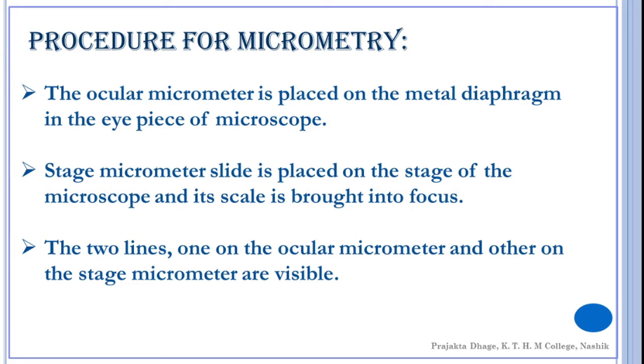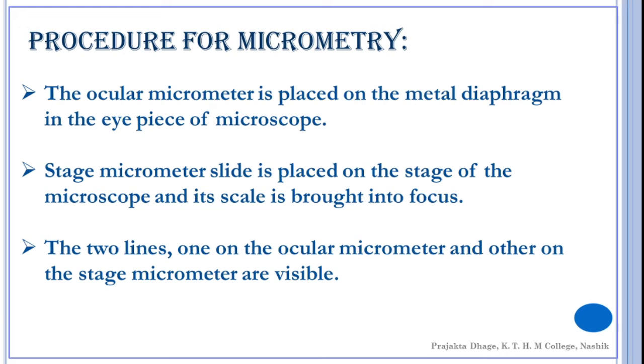Now, what you have to do is, the ocular micrometer is placed on the metal diaphragm in the eyepiece of the microscope. This is the first thing you have to do. Secondly, the stage micrometer slide is placed on the stage of the microscope, right? And its scale is brought into focus. Both the lines, the one on the ocular micrometer and the one on the stage micrometer, are now visible to you.